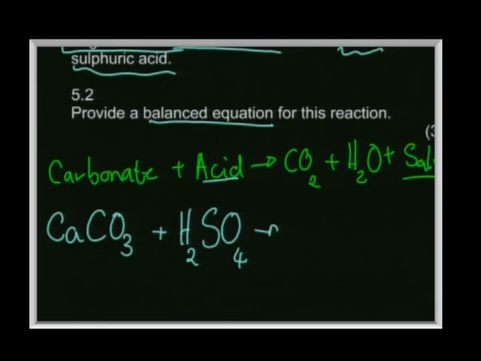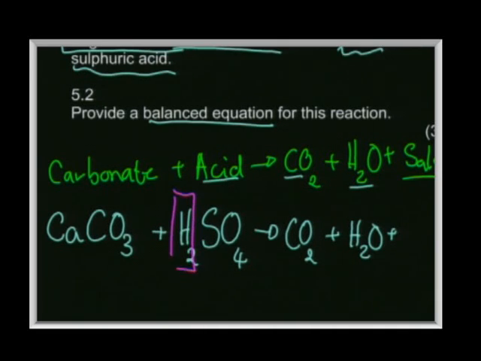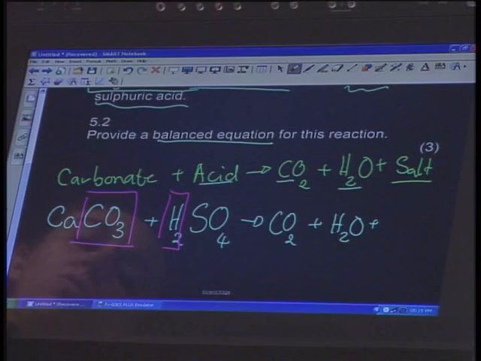Now, if it is going to form my carbon dioxide and my water, I know this, so I write those down first. Now to go and figure out what the salt is. So let's just eliminate from here everything that we already have as a product. I've already used my hydrogen, and I've already used all of my carbon and my oxygen over here to make the carbon dioxide and the water.